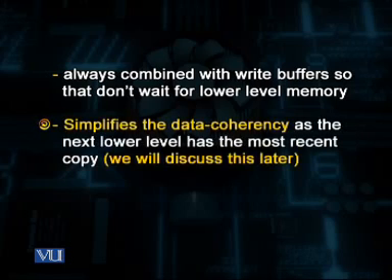Similarly, it simplifies the data coherency as the next level memory always has the most recent copy available. However, the concept of data coherency we will discuss at some later stage.